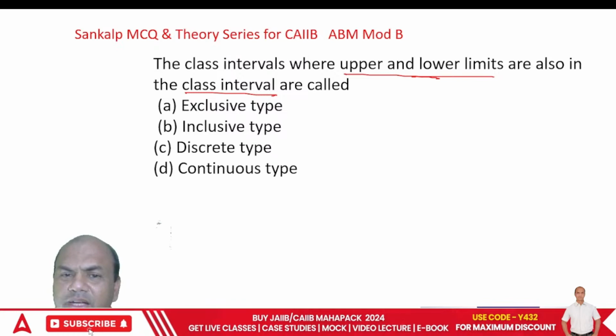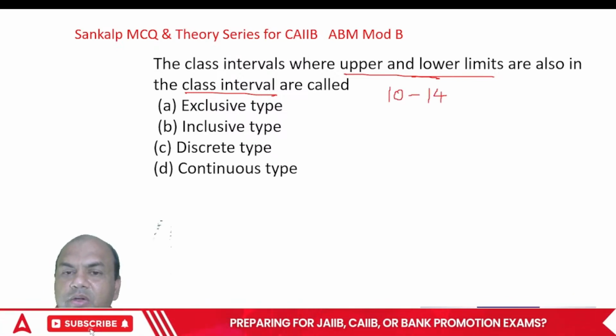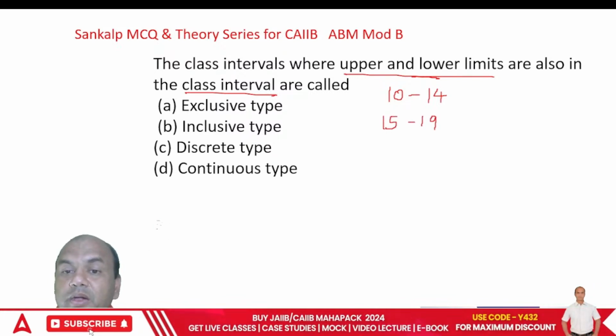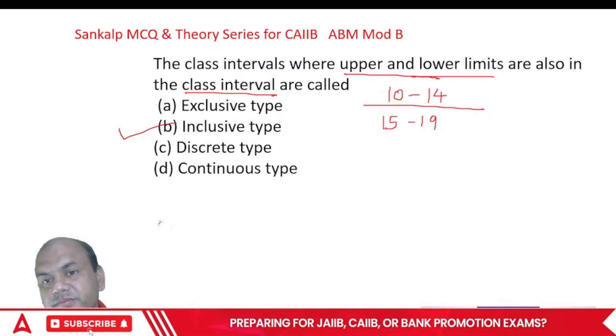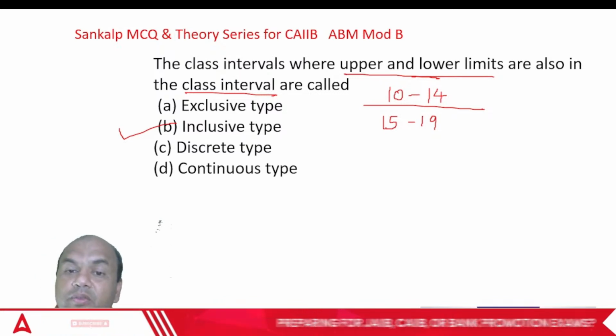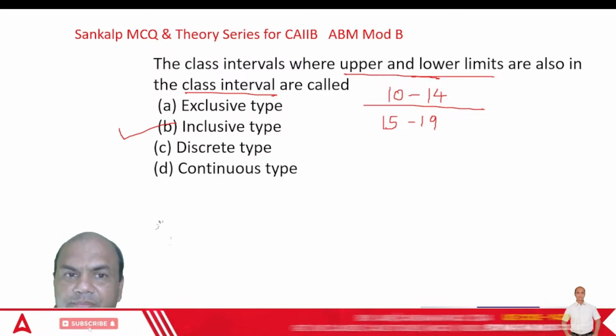Just now I told you, 10 to 14, 15 to 19. So if I get 14, it will be in this class. So this is known as inclusive. And then we have to convert this to exclusive. I've shown you earlier, so we won't be repeating it now.